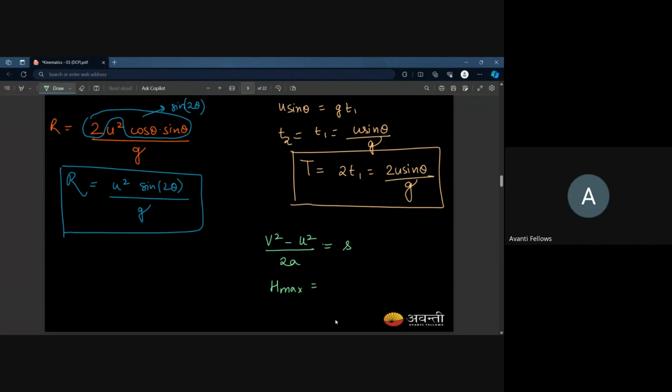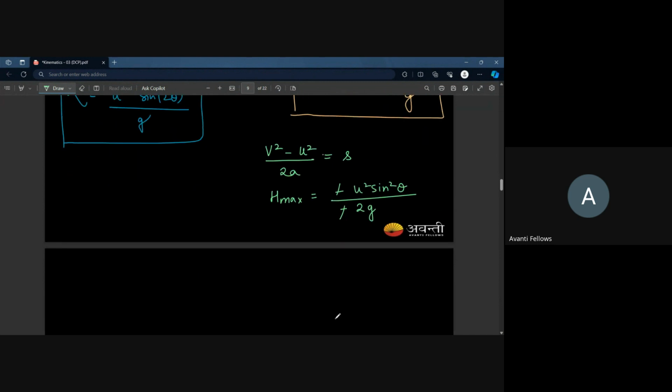You will write minus u square sine square theta divided by minus 2g. Why am I using minus? Because acceleration is in negative y, so we eliminate the minus. Maximum height would become u square sine square theta by 2g.